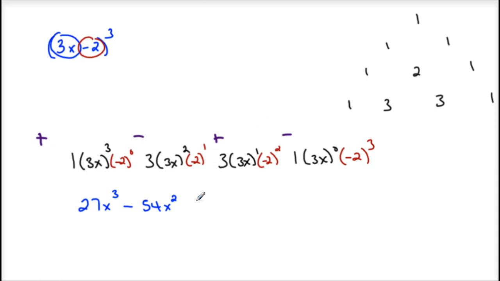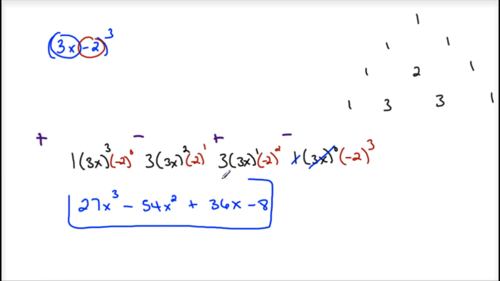This one should be plus. Let's confirm it. We have negative 2 squared, which is positive 4. Positive 4 times 9, 36x. My last one should be negative as well. This simplifies. I have negative 2 to the third power, which is negative times a negative times a negative, which is negative 8. And that's our final answer.